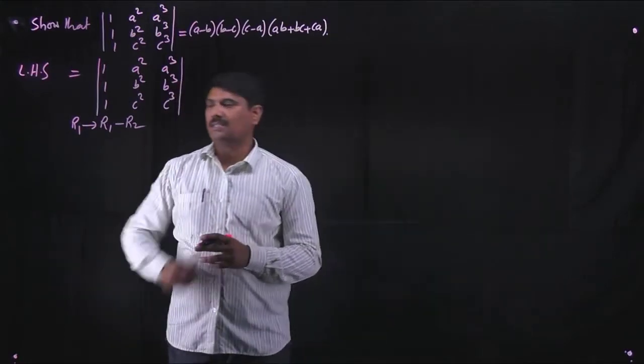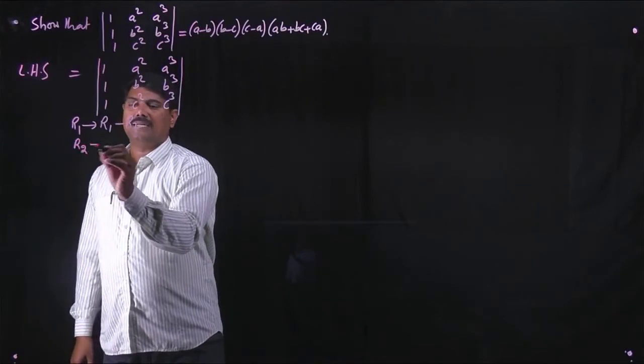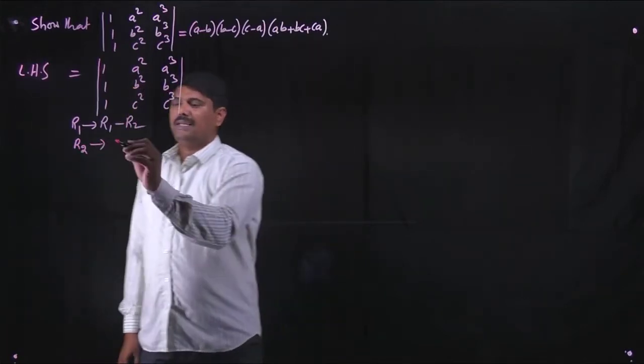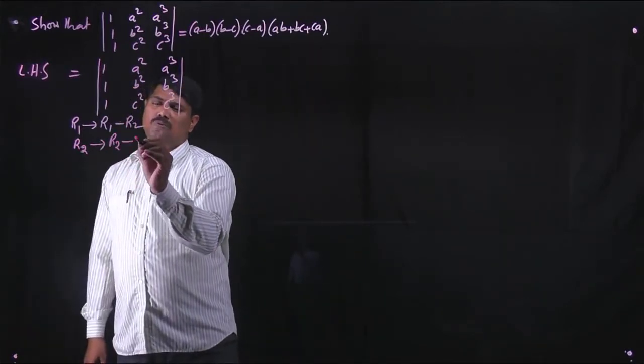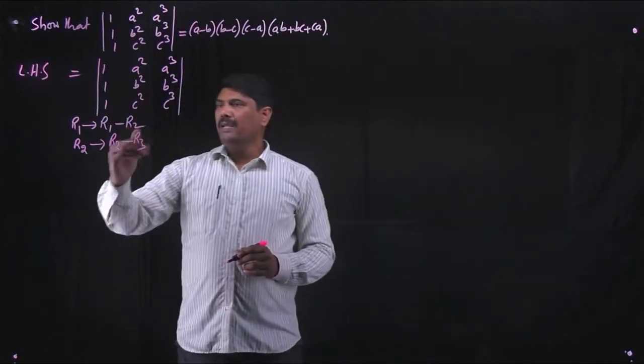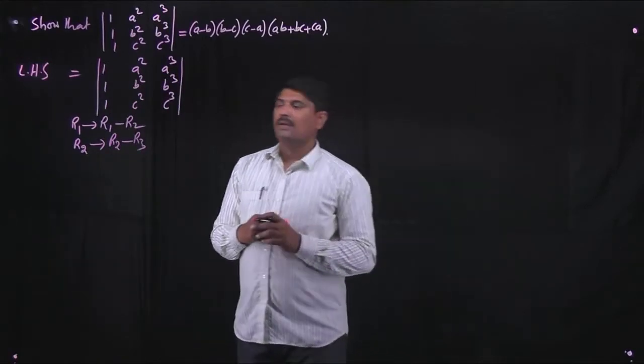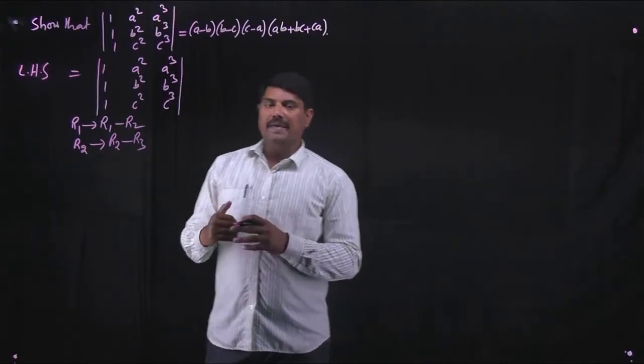Later in the same step I am considering one more, that is R2 gives R2 minus R3. By doing this in the same manner you are able to get B minus C again. Now do not do the third application here.